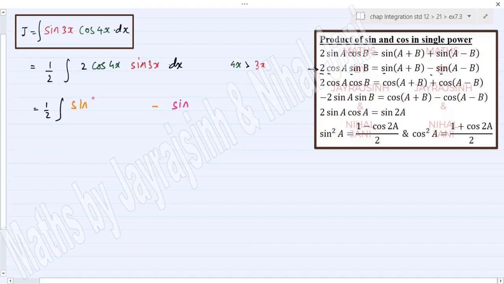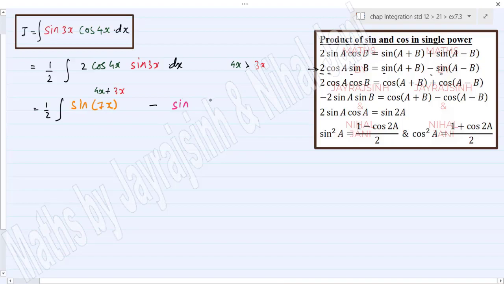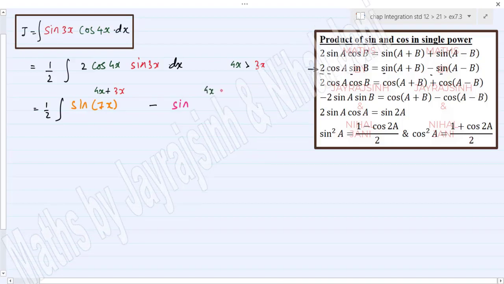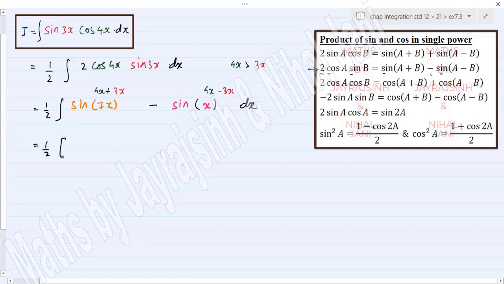So here we'll get sine minus sine. In first angle, we have to take summation of angle 4x plus 3x, or we can say 7x. And in second angle, we have to take difference 4x minus 3x, so it will give us x, dx. So here 1 by 2 will be as it is.